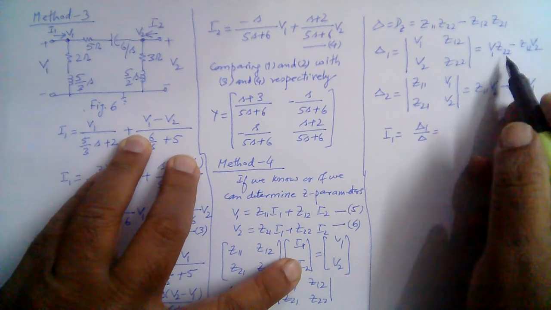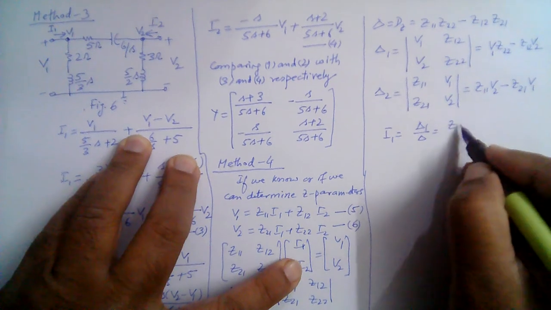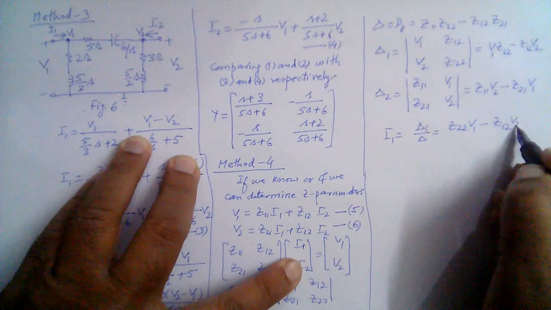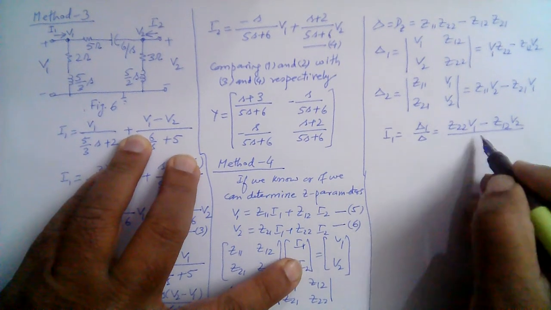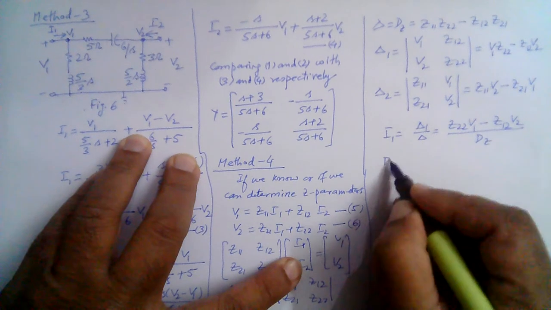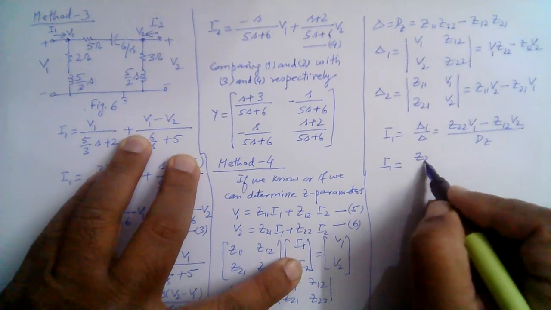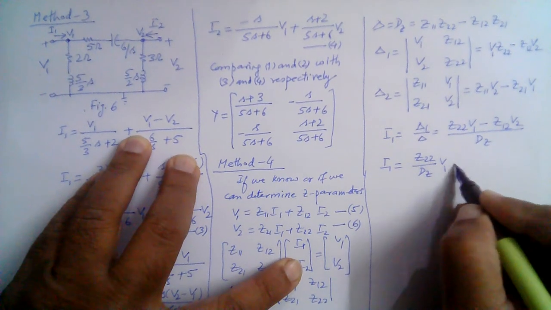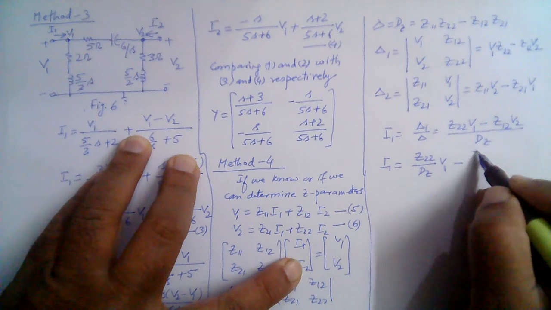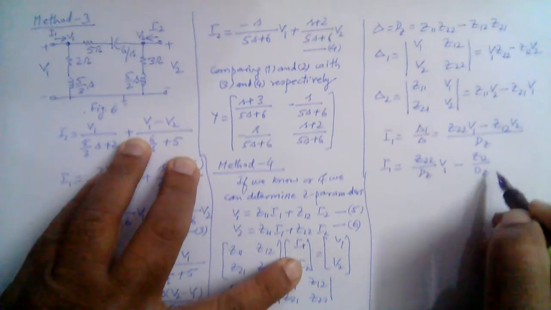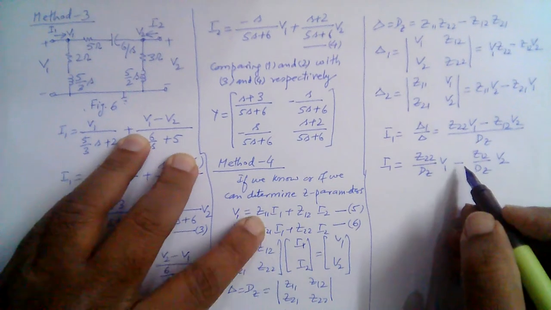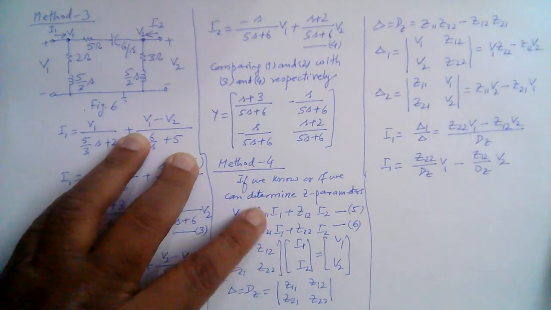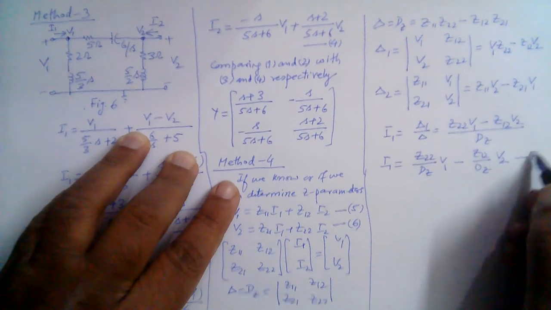Then I1 is equal to del 1 over del, right? So this is (z22 v1 minus z12 v2) over delta, which is dz. So I1 is equal to z22 over dz times v1, minus z12 over dz times v2. Now this equation is in the same form as equation 1, right? Let me call this equation number 7.